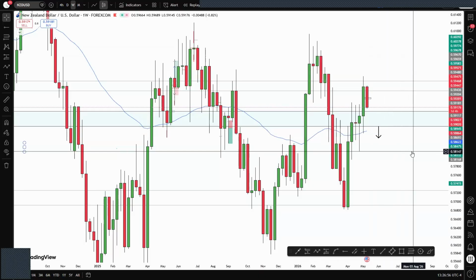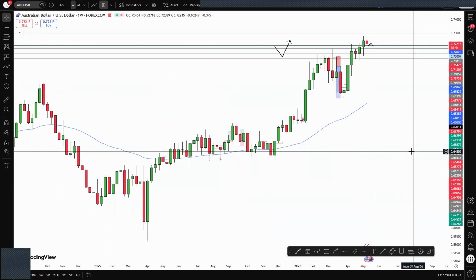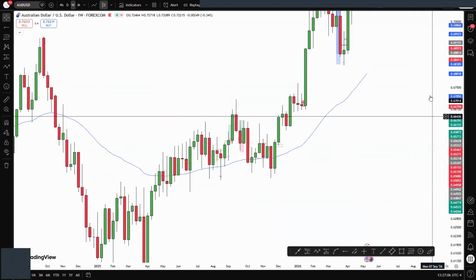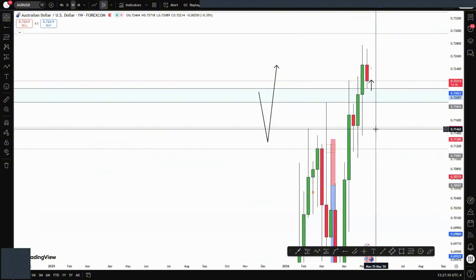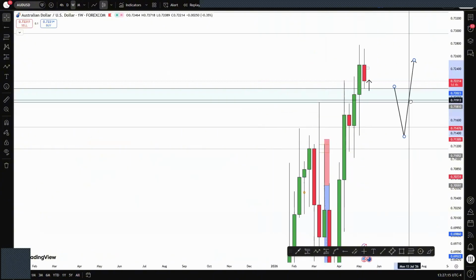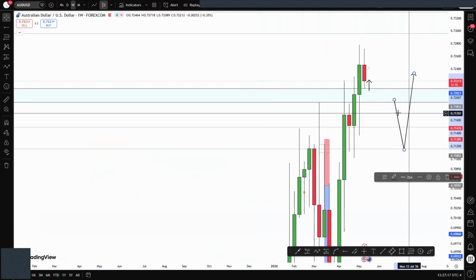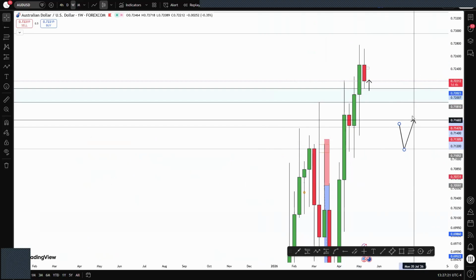Anyway, so what else do we have? We have Euro USD. I've explained this, and we have AUD USD. I was telling you guys about how I wanted price to drop deeply at this level so I can buy, because this makes more sense.